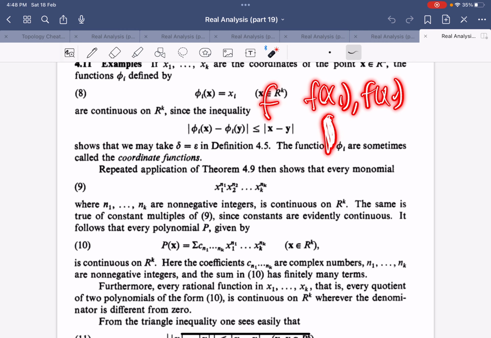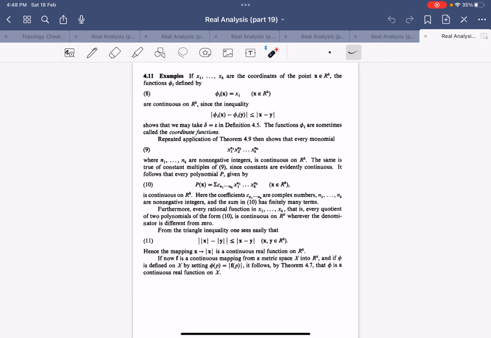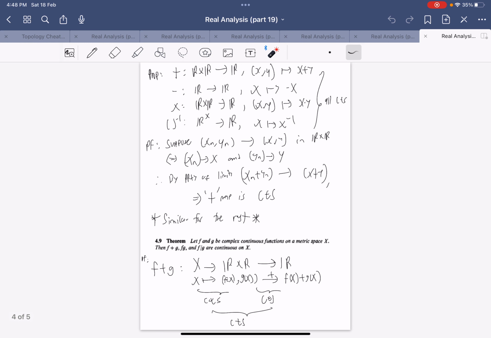If f is continuous, then f(x1) is continuous. So now you can multiply these different functions together and form this new monomial, and then you just take the sum with scalar multiplication and it becomes a polynomial. And this really follows that polynomials are continuous by what we have proven over here.